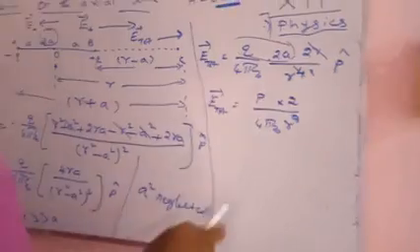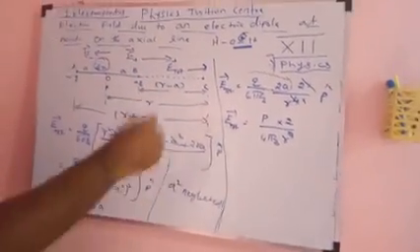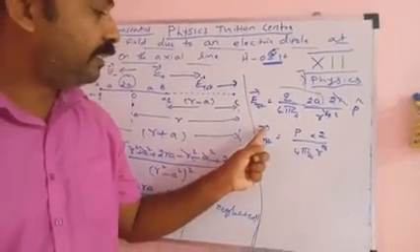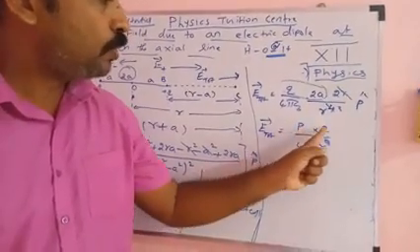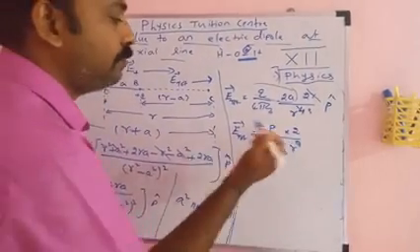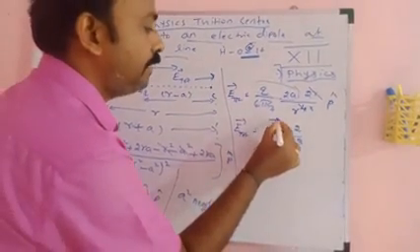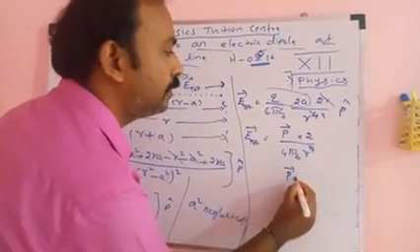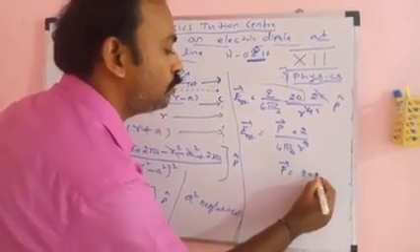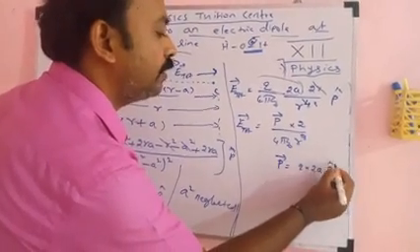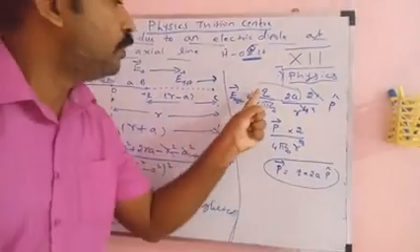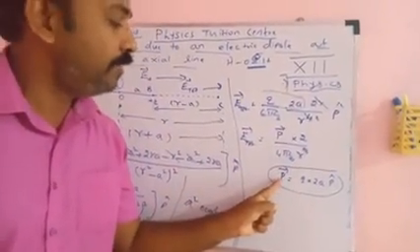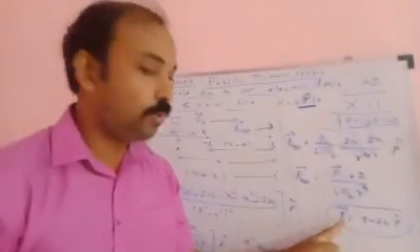I rewrite this in the next step. E total, the electric field E vector, is equal to p into 2. Here, what is meant by p? Here, p vector is nothing but q into 2a into p cap. So q into 2a into p cap is rewritten as p vector, that is the dipole moment.